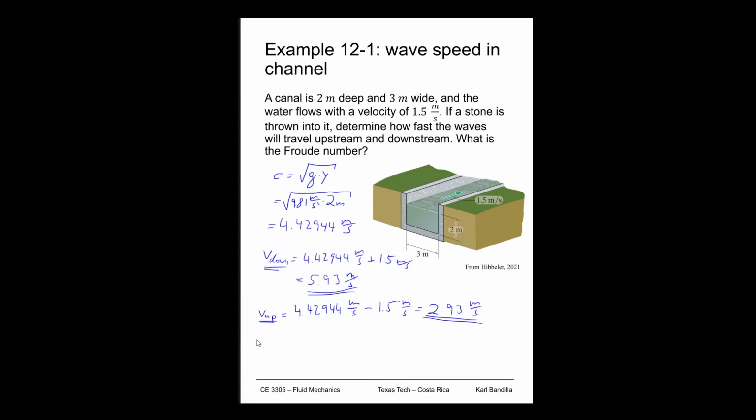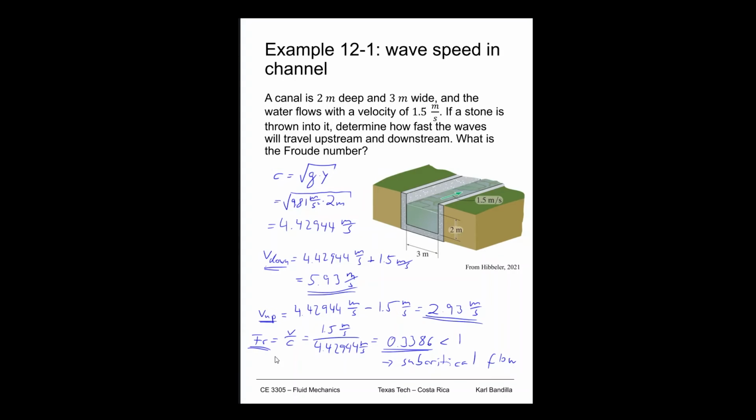All right, so we can say the Froude number is equal to the flow velocity over the wave celerity, 1.5 meters per second divided by 4.42944 meters per second, which is 0.3386, which is less than 1, which means we have subcritical flow. That's our Froude number right there.